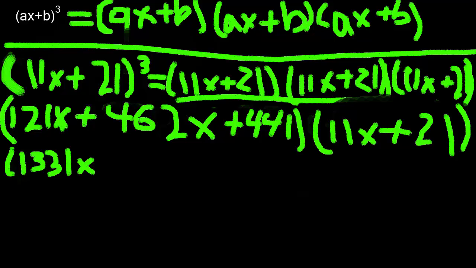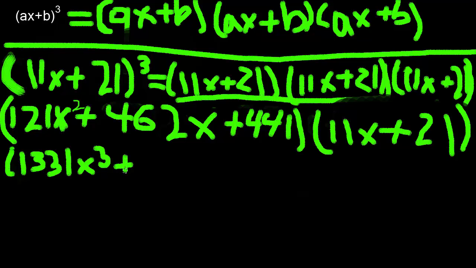That is actually 121x squared, because we had 11x times 11x here. So now we were multiplying the 121x squared by the 11x, which is how I caught my error. So now we have 1,331x cubed.